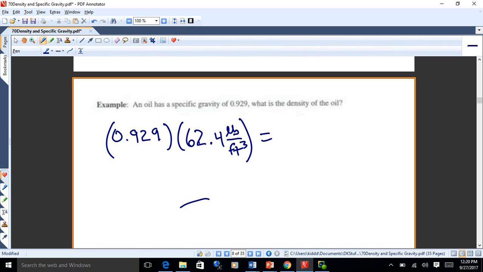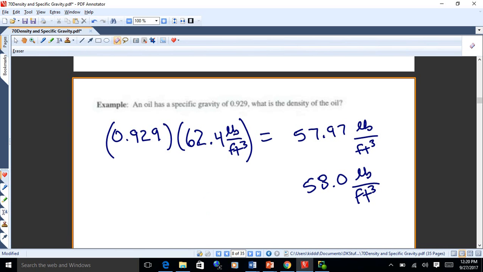If you take it out to 4 places, it's 57.97. Now that will have units, right? Pounds per cubic foot. You could also just say it's 58, it's pretty close. We okay with that? So that's just another common way of describing these things.